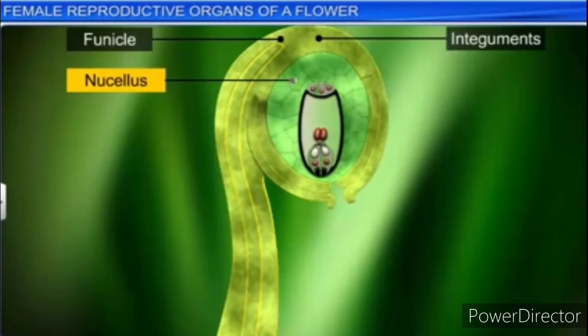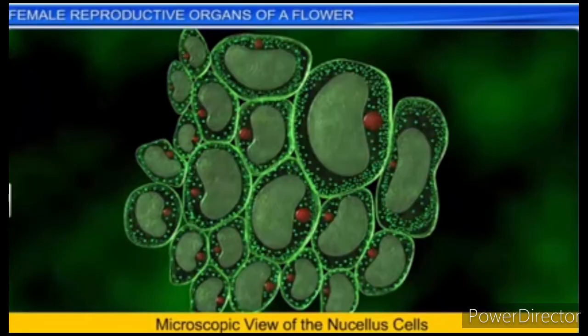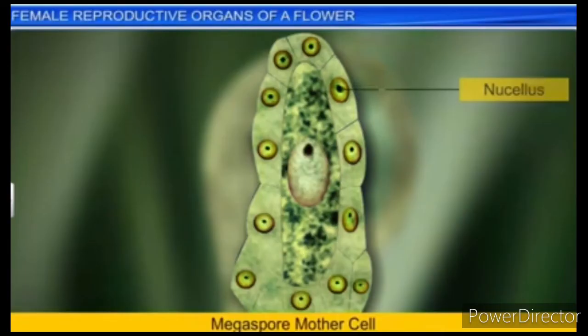The nucellus is the central region of the ovule, made up of diploid, colorless, thin-walled parenchymatous cells containing food reserve materials. In the nucellus of a mature ovule is the embryo sac, the female gametophyte, which develops from a megaspore.